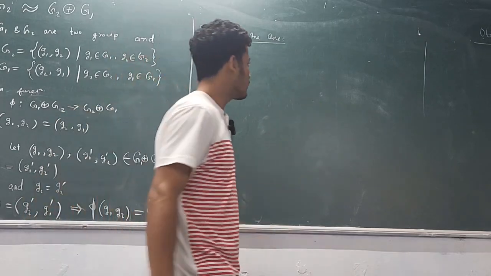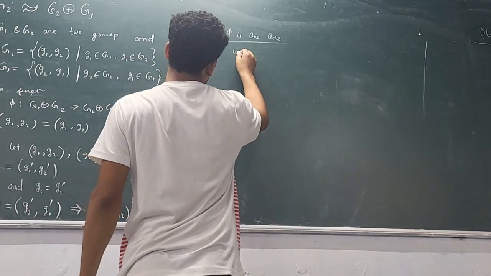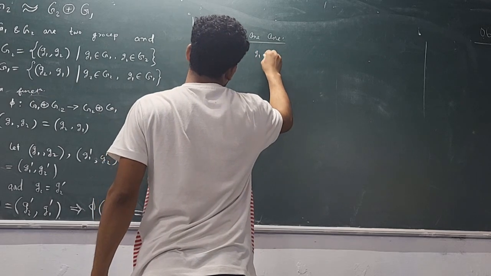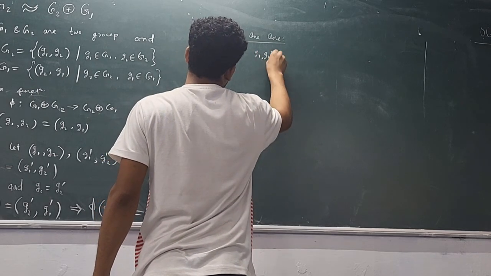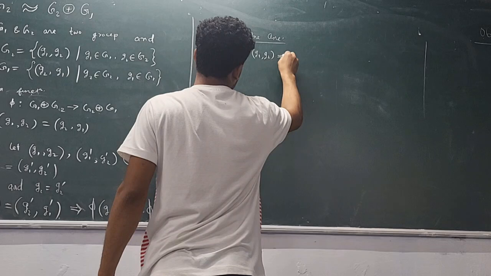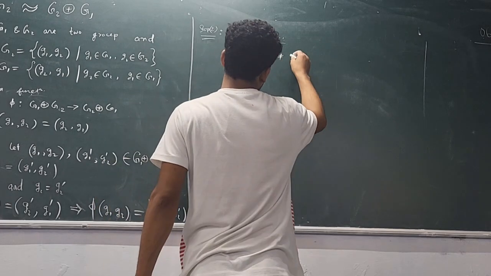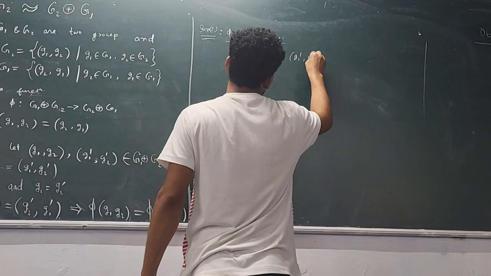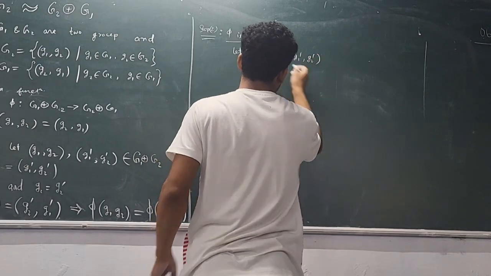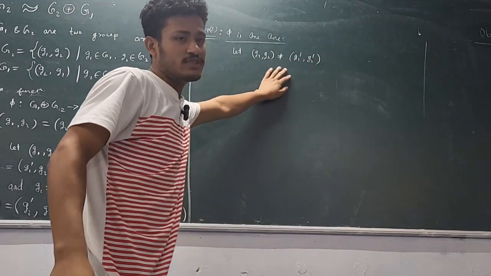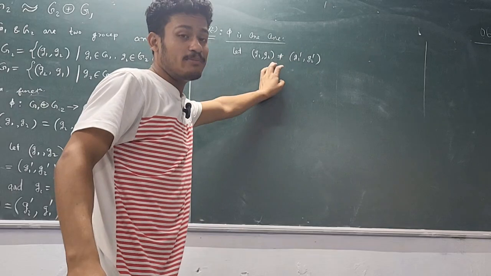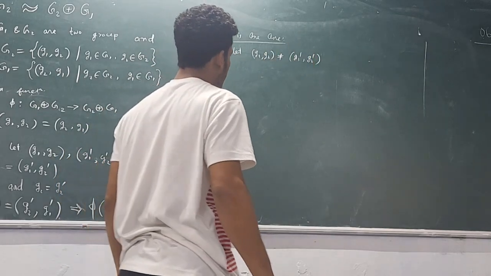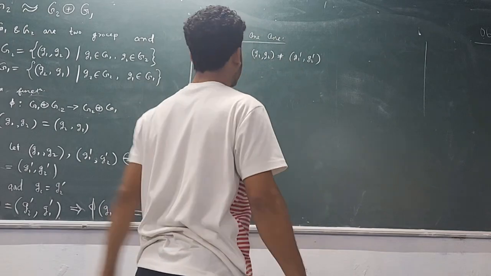That is also okay. So let (g1, g2) be one element and let it be distinct from (g1', g2'). These two elements are not equal, that means distinct in the domain G1 external direct product G2.